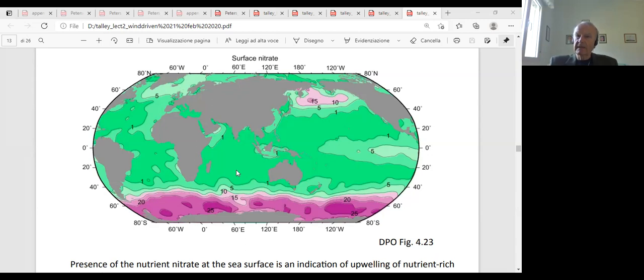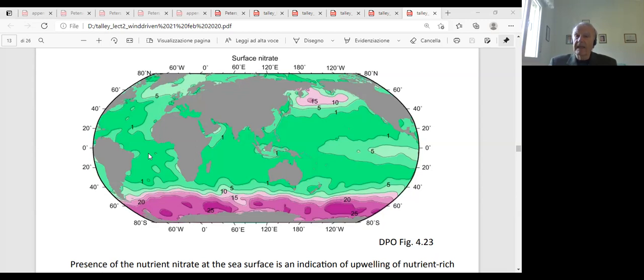If you remember, the downwelling areas are in the subtropical gyres, here and here. These subtropical gyres are downwelling areas. Therefore, there is the pumping of the surface water into the deeper layers, which has as a consequence a lower concentration of nutrients in the surface layer.